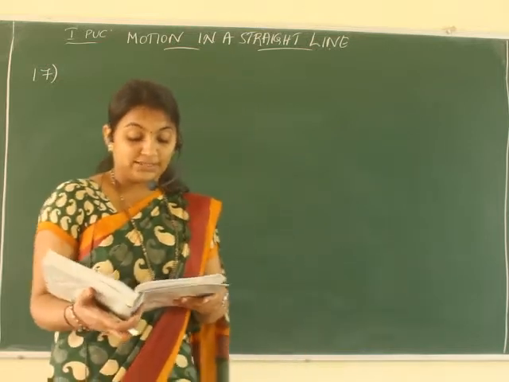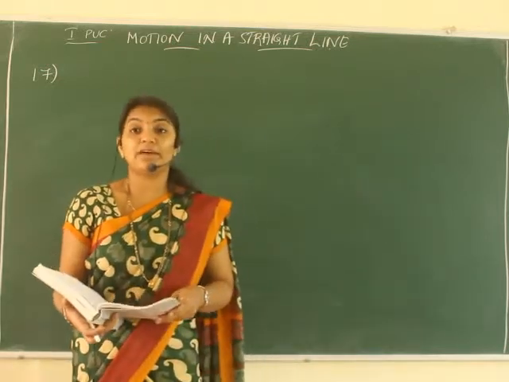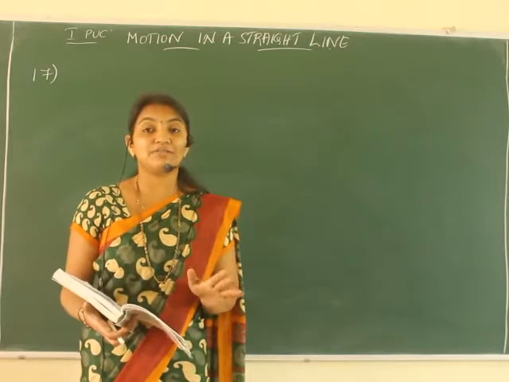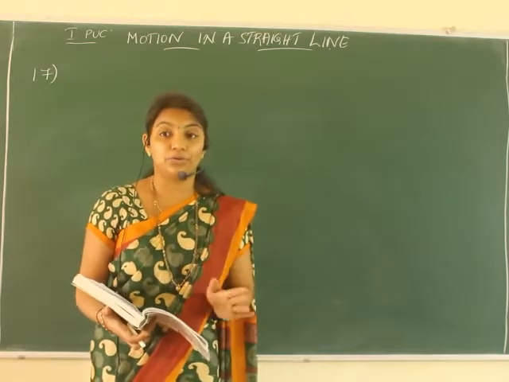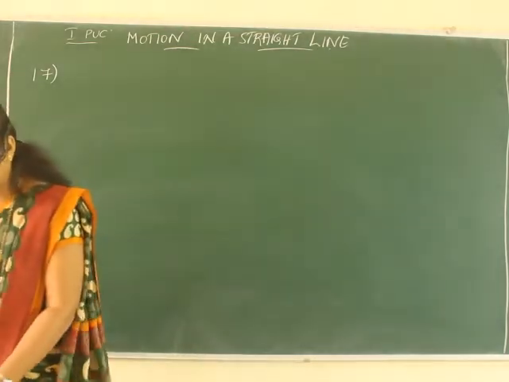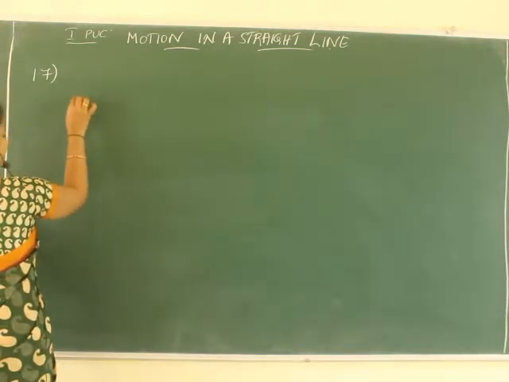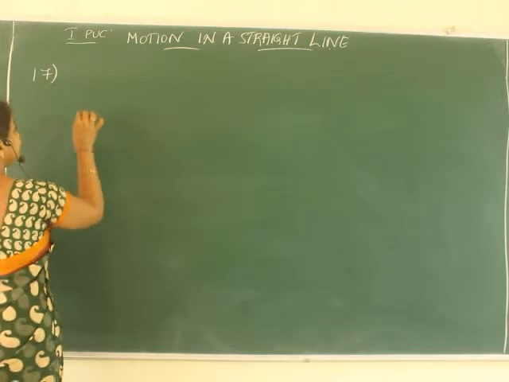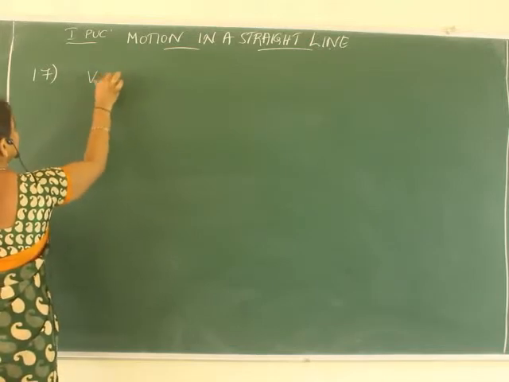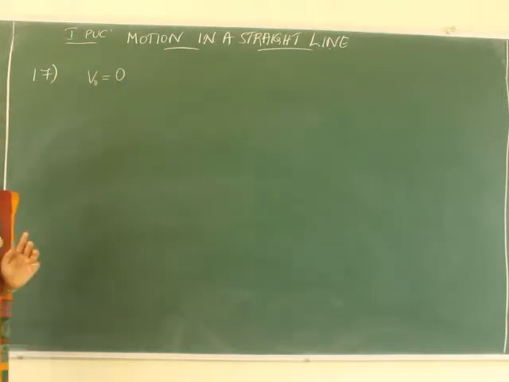Okay, so the car should start from where? From rest. So initial velocity is 0. Correct? Okay, so I can say since it is starting from rest, initial velocity is 0. Okay, next.